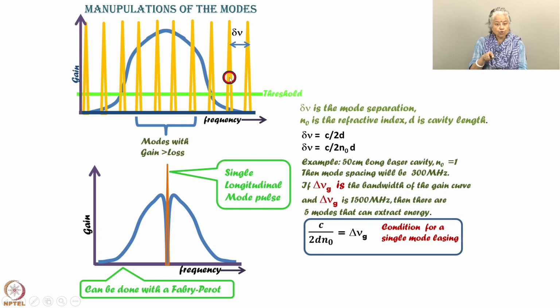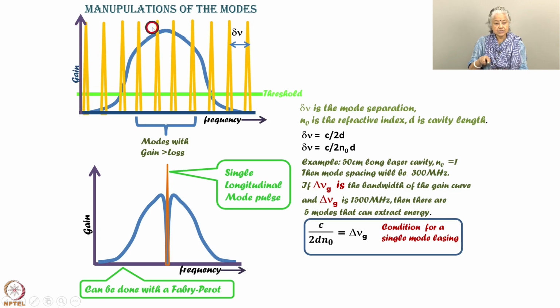All these modes which are possible in that resonator cavity, shown in yellow here, are equidistant in frequency. On this frequency line, they are all equidistant. Now, many of these modes may not fall within the gain curve. On my y axis I have written the gain of the active medium.